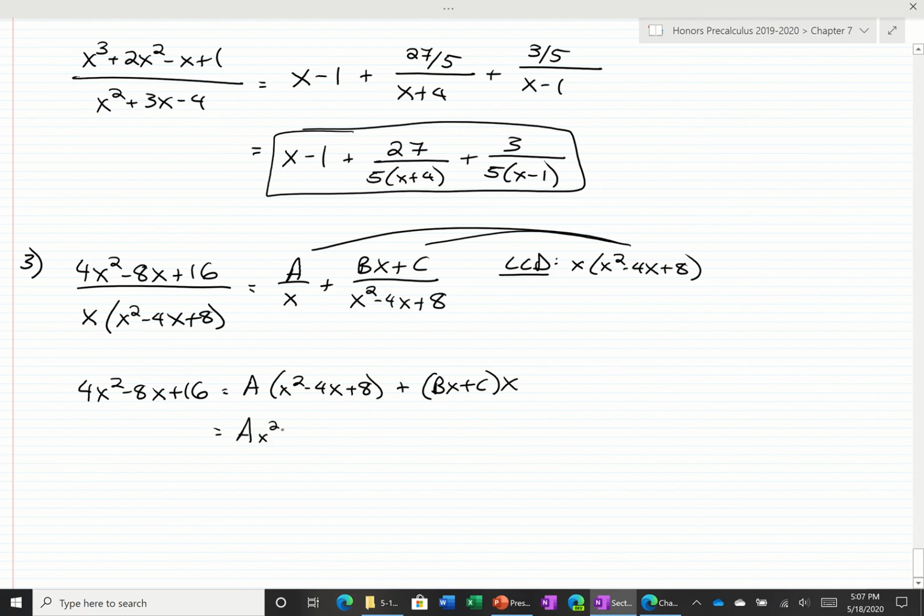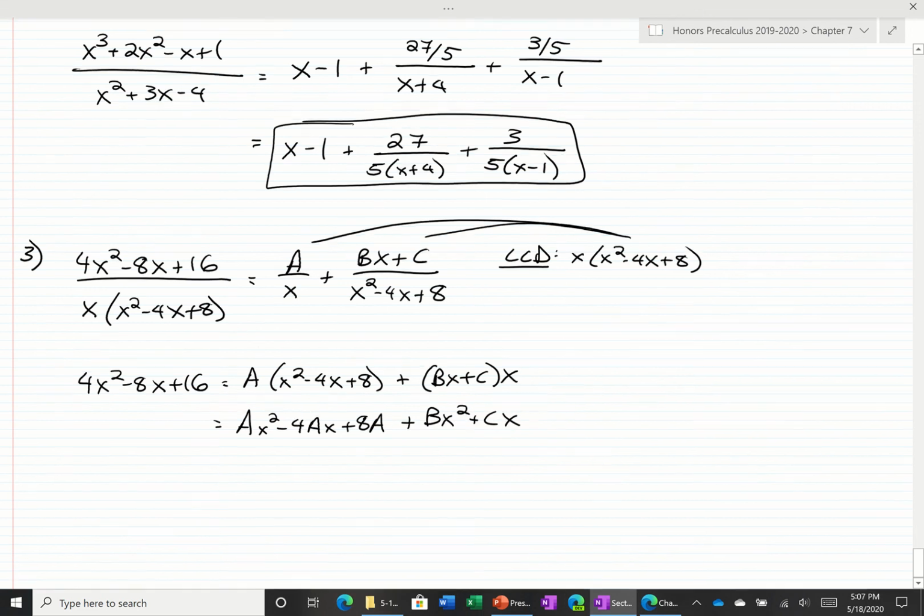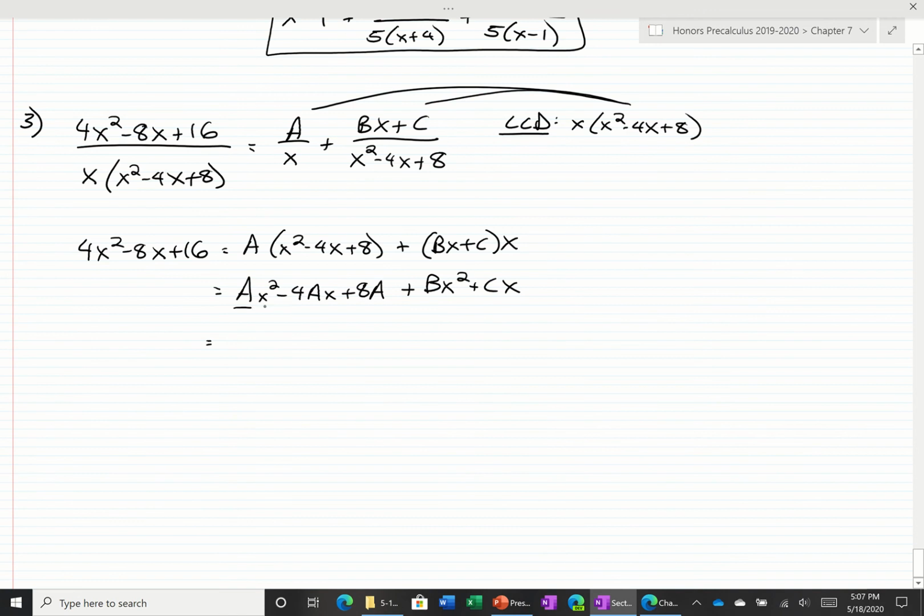So we have ax squared minus 4ax plus 8a plus bx squared plus cx. We have our x squared terms, we have our x terms, and we have our constant.